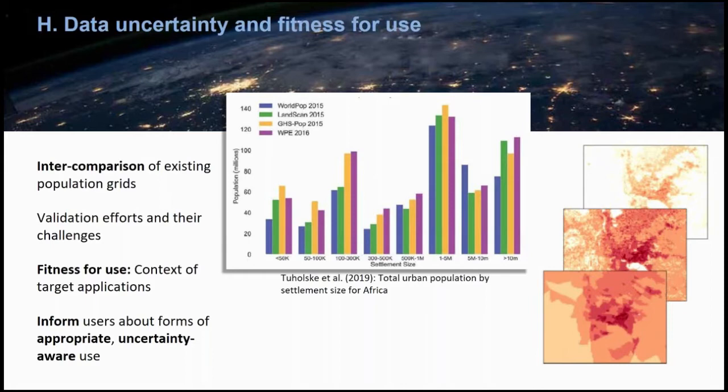Validation efforts in and of themselves for population grids are very difficult. They can be done and are done and will be done in more frequent ways wherever we have high quality data available. That's really important to understand a little bit more about the real accuracy of these grid population distributions.